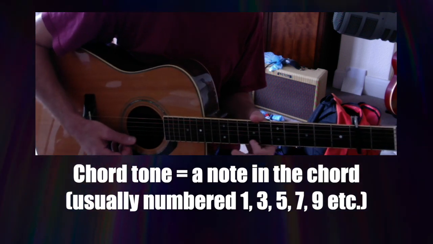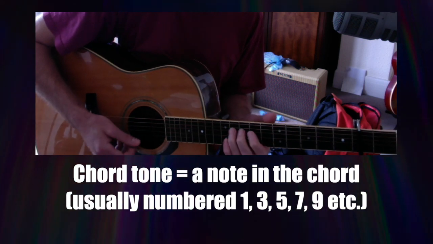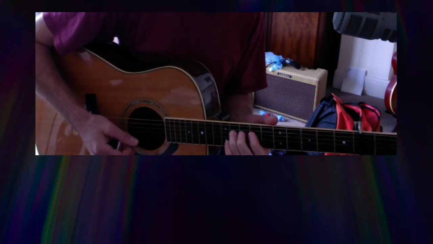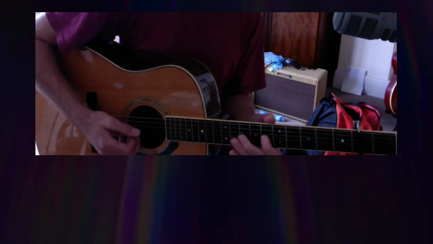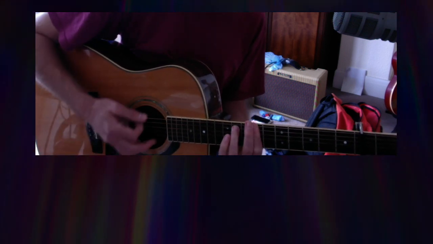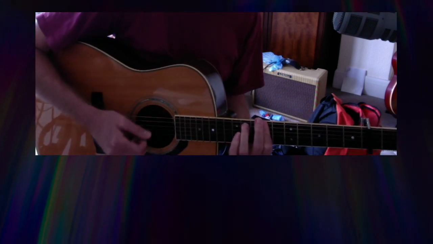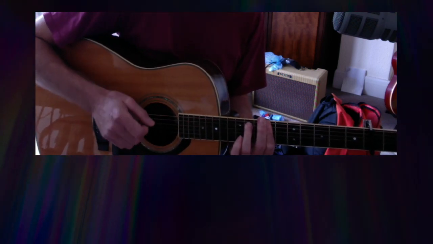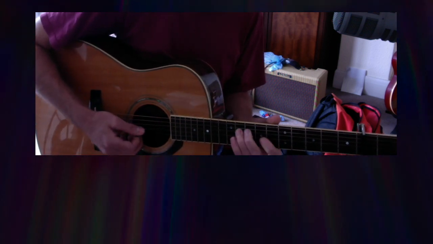What did I just play? 1, 5, 3, 2, 1. All the notes in the chord apart from the 7. I could add the 7. So any combination of those will be great. If you find a combination that sounds brilliant, we call that a nice melody. That's all subjective, I know.